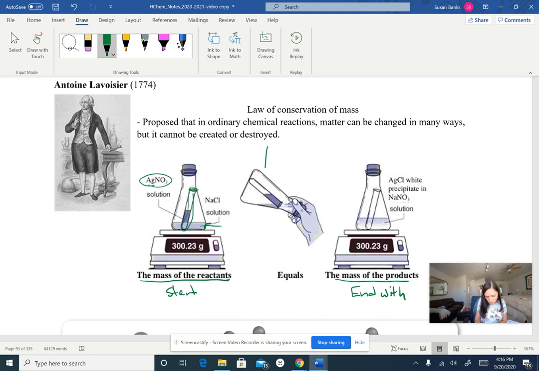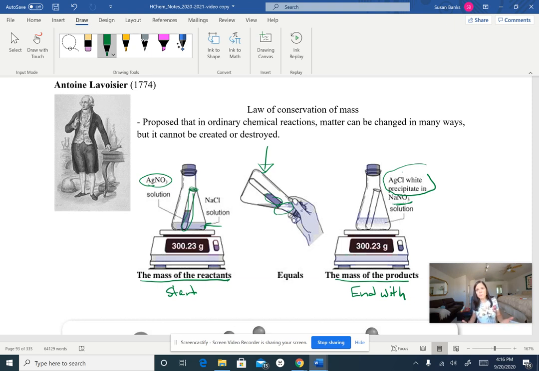Now, if I turn this over and let the silver nitrate and the sodium chloride solution, or the salt solution, mix, I will get a white precipitate, meaning a white fine powder, or solid, will start to fall to the bottom. And that's because the silver and the chloride get together, and the sodium and the nitrate stay in solution.